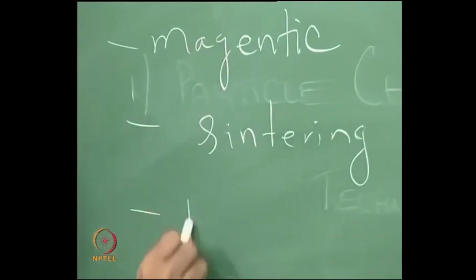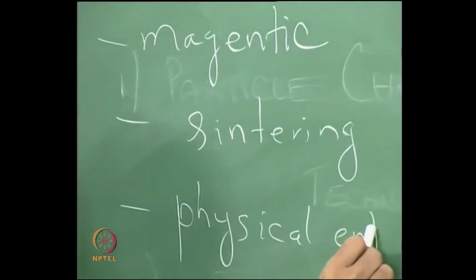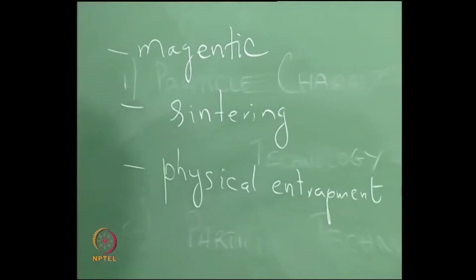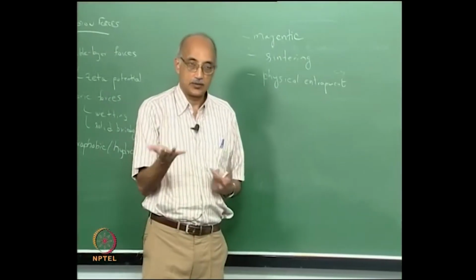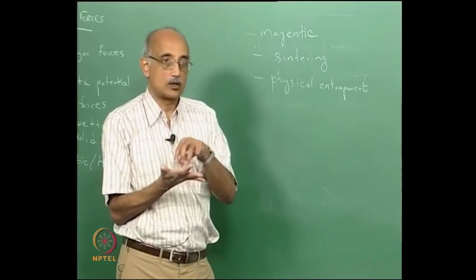Another classification would be physical entrapment, which can happen when, for example, the surface has certain features that the particle can latch onto or lock onto.